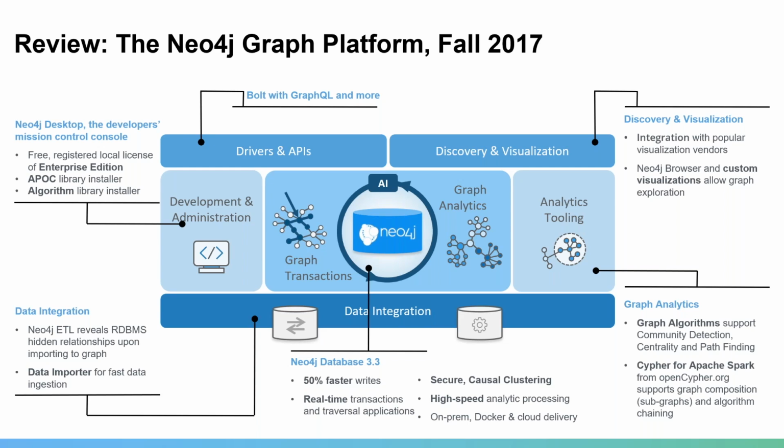There were capabilities we did around that. And discovery and visualization was paying acknowledgement mostly to our partner capabilities, but we'll talk some more about capabilities we've done here as well today.